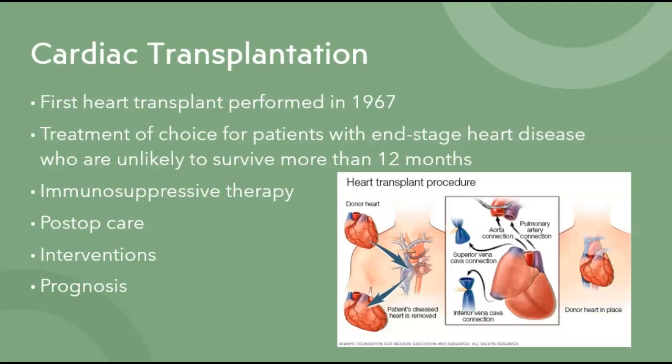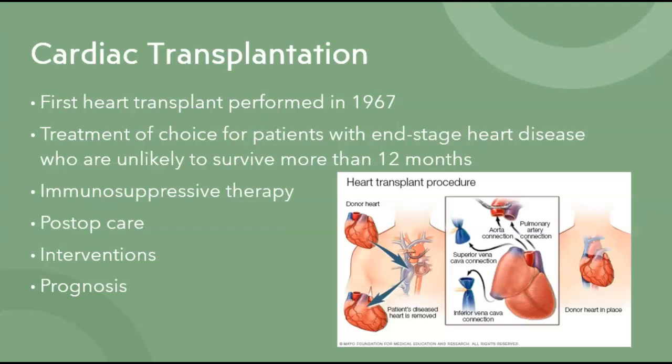The evaluation process for patients that are going to get on the cardiac transplant list, the goal is to identify patients that would benefit the most from a new heart. So they're going to look at their coping abilities, their family support system, the motivation that they have to follow through with the transplant and the regimen.